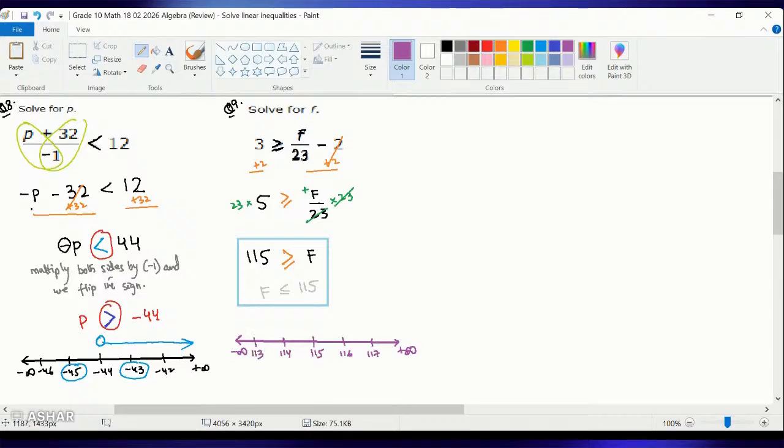It says f is less than or equal to 115. We can see an equal sign, so we make a dot. And it's less than, so we go to the left-hand side. The possible values of f would be 115, 114, 113, and so on, to any negative value, because it's going towards negative infinity.